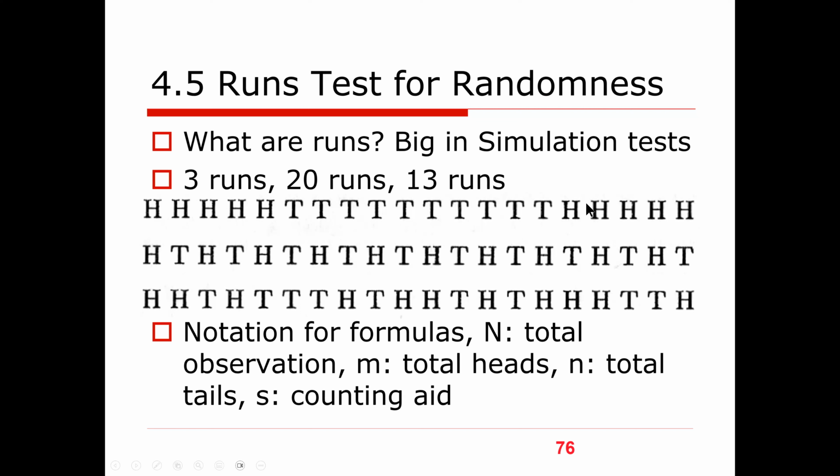The first sample we may suspect, because why do we keep getting the same outcome in a row for a long time, and then another outcome for a lot of times? There should be more alternations than this. However, another extreme is the second sample.